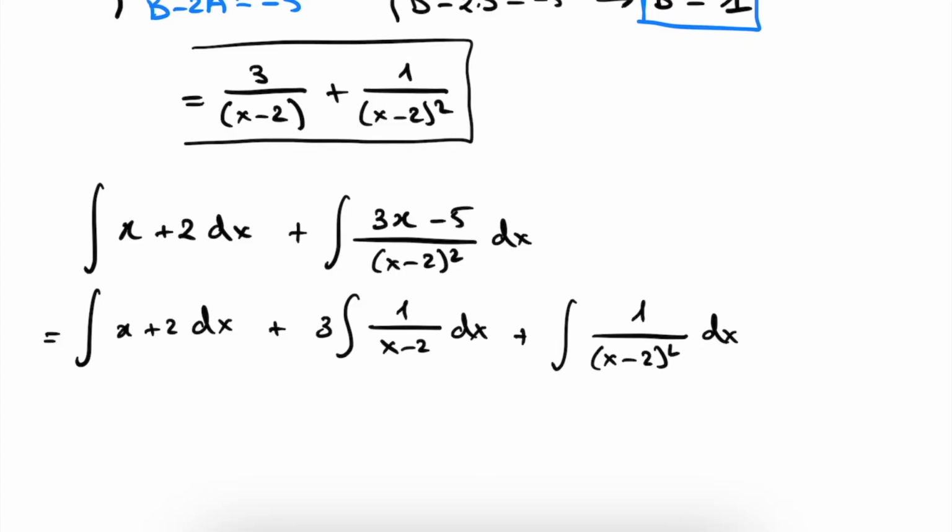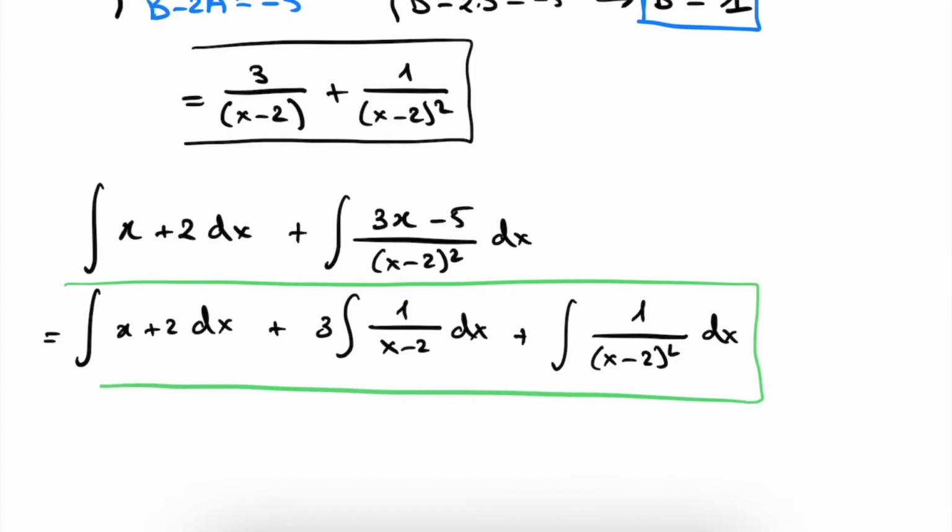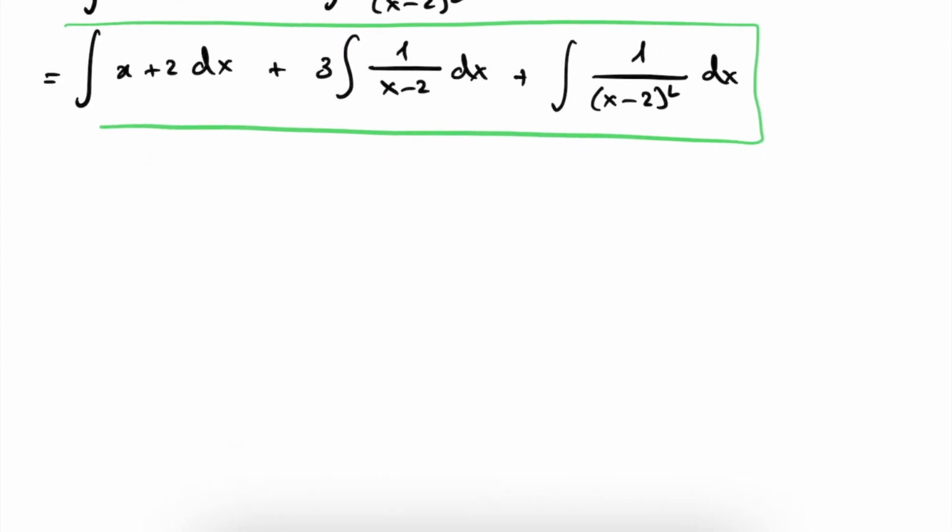Now we are left with 3 integrals which we already know how to solve. So the most difficult part is over now. We've reduced our initial integral of a fraction of two polynomials to 3 integrals which are very basic and which we know how to solve. So we get the following integrals.